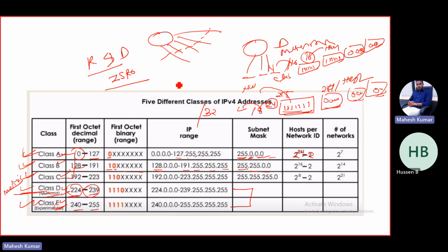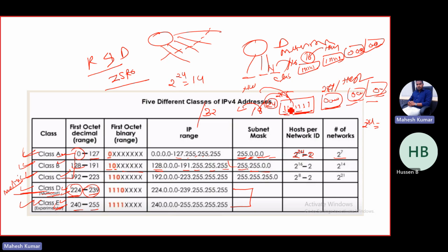If I ask you to calculate 2 to the power 24, that is how many machines you can connect. We can't use the 8 network bits as host, but the 24 bits we can use as host. The maximum is around 1 lakh or so; I will tell you the calculation in an upcoming slide.